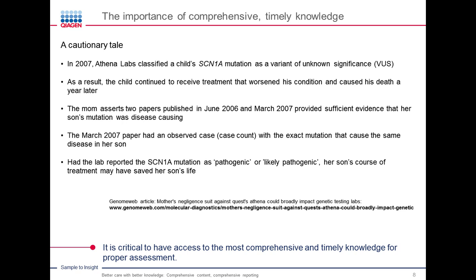So what is the importance of having access to comprehensive and timely information? I want to talk about a fairly famous case in 2007 where a clinical testing lab had tested a child's SCN1A mutation, and at the time they classified it as a variant of unknown significance.